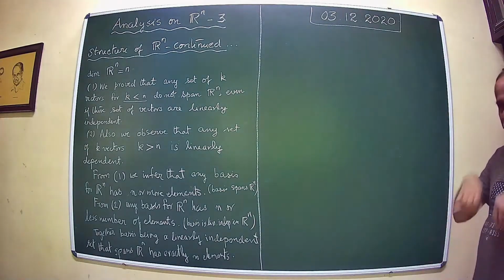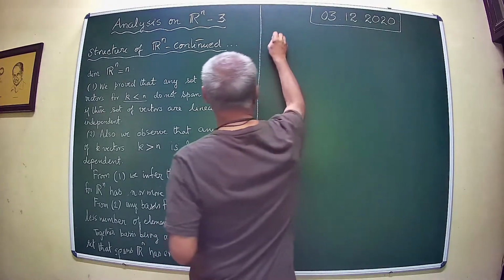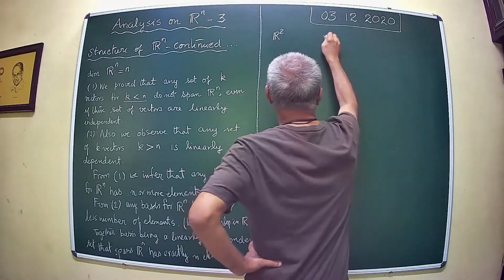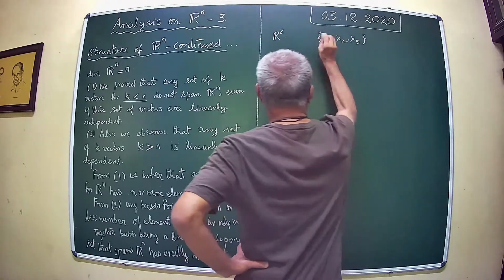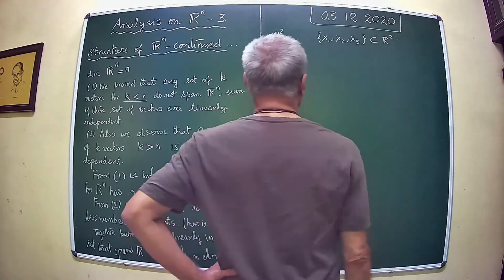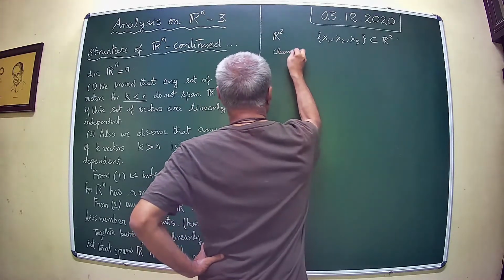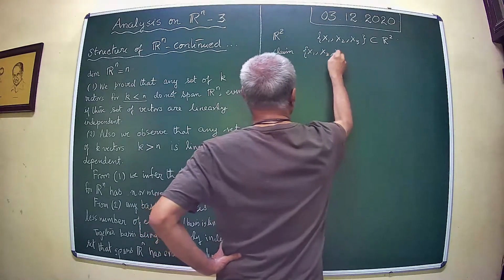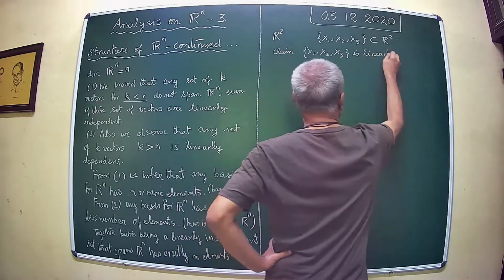Now I leave it to you to prove this, but let us explore this problem. Take the case R2. Let us take 3 vectors x1, x2, x3. Then what we claim is that they are linearly dependent.